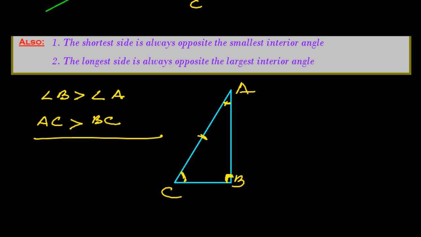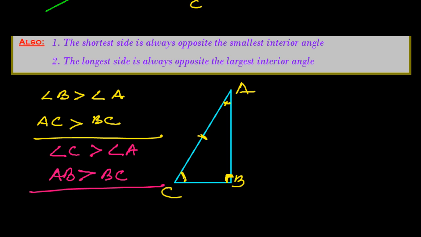Similarly, angle C is greater than angle A, so the side opposite to angle C, AB, is greater than the side opposite to angle A, which is BC.